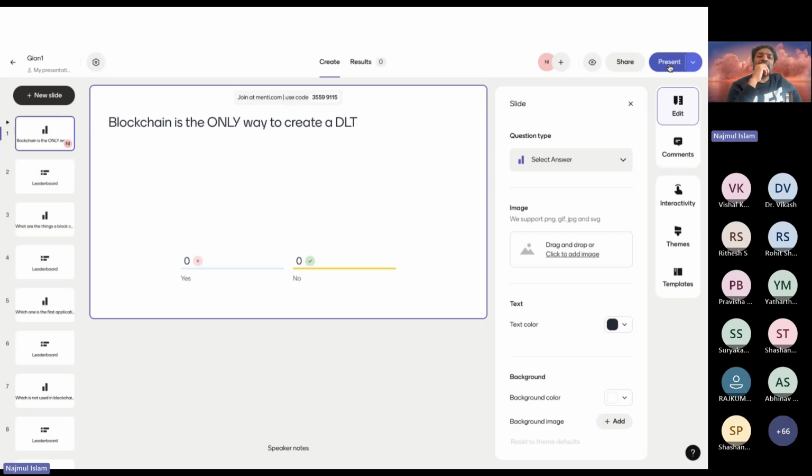The next question coming: which is not used in blockchain? Cryptography, consensus algorithm, or centralized database? Mind it, not used in blockchain. We wait one minute so that everyone can answer. I want to make sure everyone answers. I think for the second question, some people didn't answer.